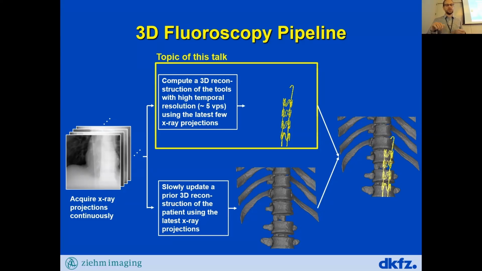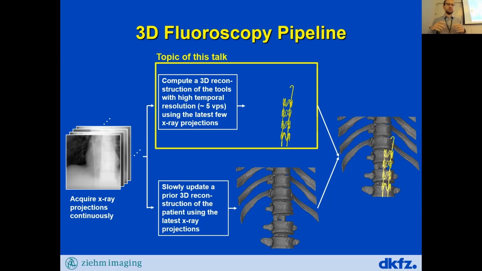So the patient anatomy could be just updated from a prior 3D reconstruction, or we could use the projections that we acquire during the procedure to do new reconstructions using classical CT reconstruction algorithms. And the interventional tools, we want to reconstruct them at a higher temporal rate, for example, 5 volumes per second, using only the latest few X-ray projections. And once we have both reconstructed, we can blend it together and display it to the surgeon.